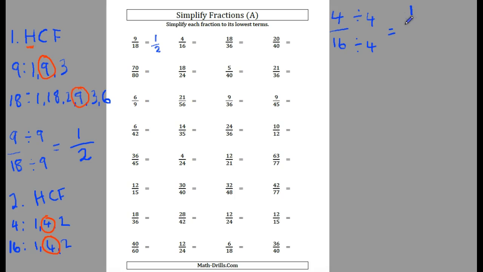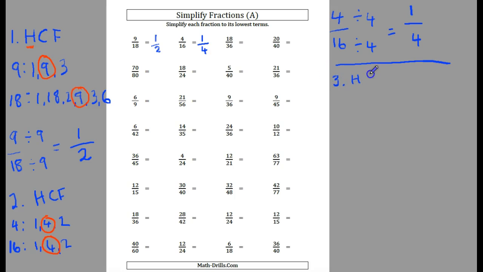So 4 divided by 4 is 1, and 16 divided by 4 is 4. So 4 over 16 simplifies to a quarter. Now remember I said to you before 2 others were a half, so obviously if this one's a quarter, then these 2 have to simplify to a half. So let's just check.